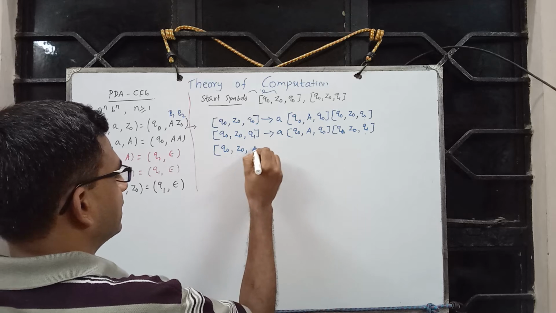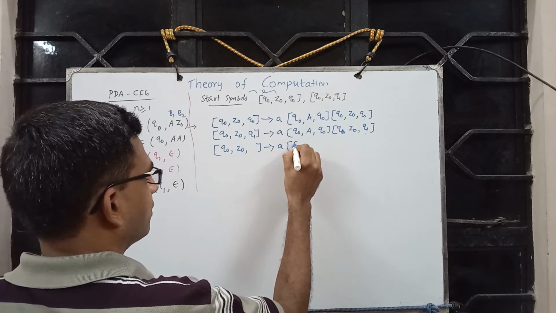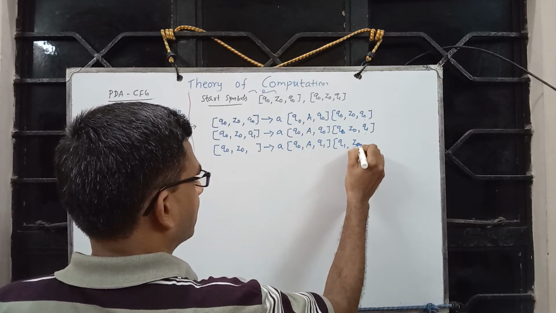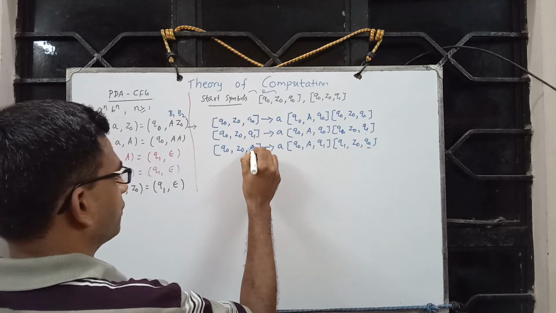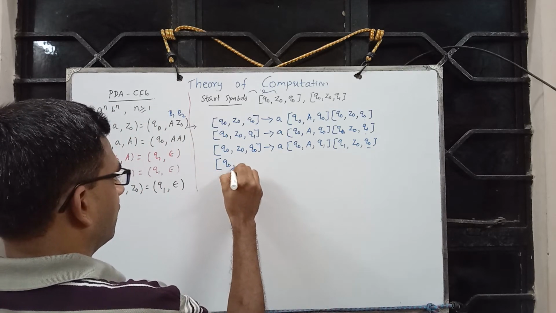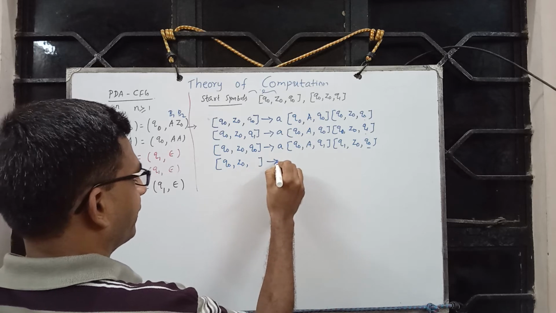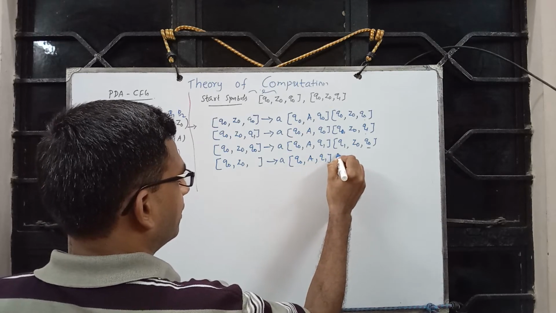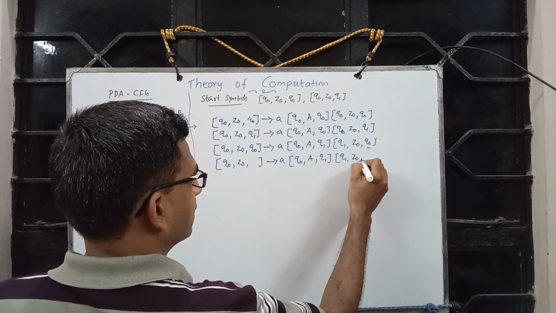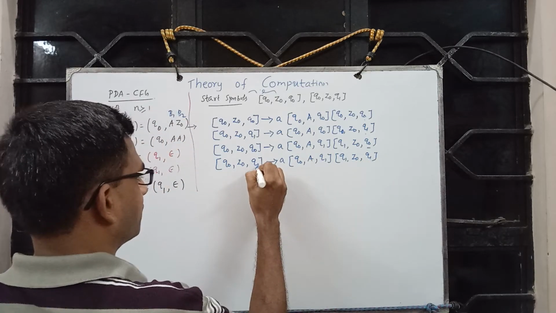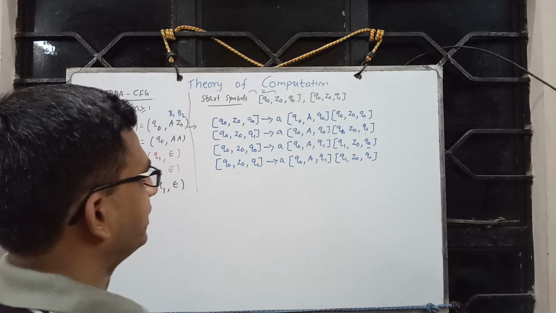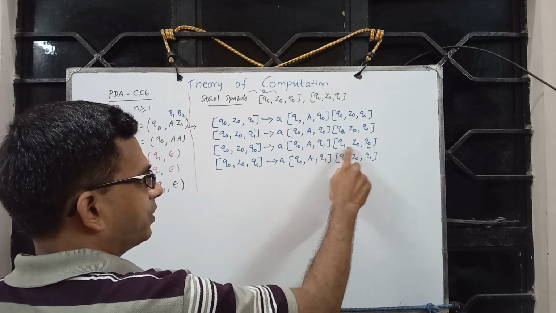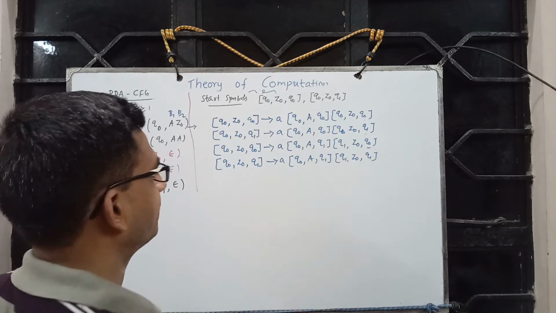Or q0 Z0 implies a, q0 A q1, q1 Z0 q0, because this one is q0. Or q0 Z0 implies a, q0 A q1, q1 Z0 q1, so this one is q1. So you see it is q0 q0 q0 q0 but ending in q1, or q1 q1 ending in q0, q1 q1 ending in q1.